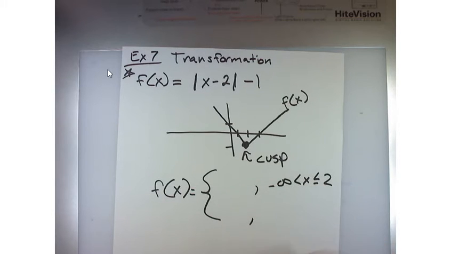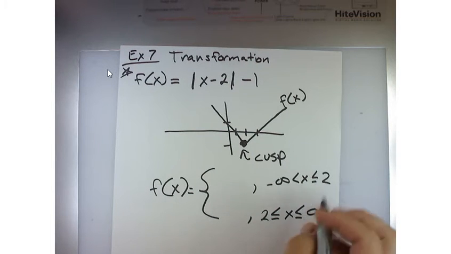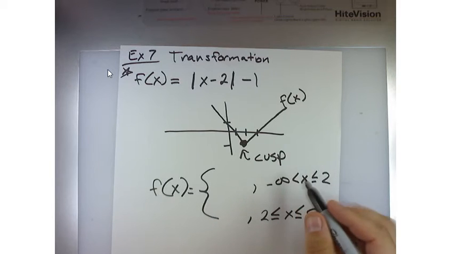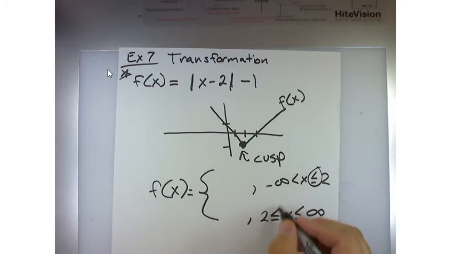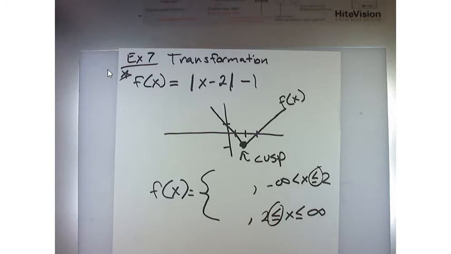And to the right side, to positive infinity. And so one of these could be less than or equal to, but we can't have both. So this right here is something that we could decide on and talk about later.